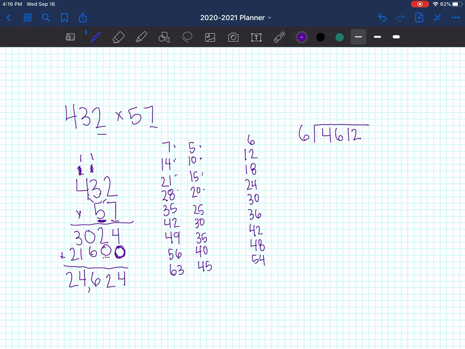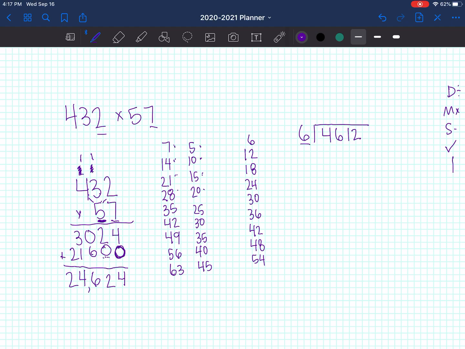So our steps for this, we always want to divide, and then we're going to multiply, then we're going to subtract, then we want to check our work. It needs to be smaller than the number we're dividing by.